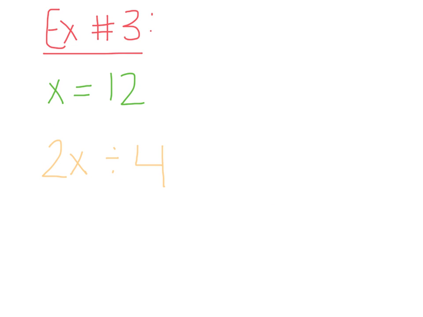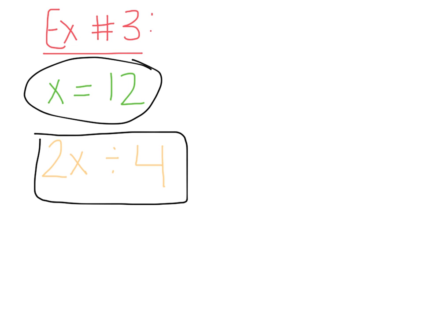Example number 3. Here's our expression, 2x divided by 4, and x equals 12. So we put 12 in place of the x. Remember back to the first slide when I said you need to use parentheses. So you have 2, and instead of x, I put 12 in parentheses.